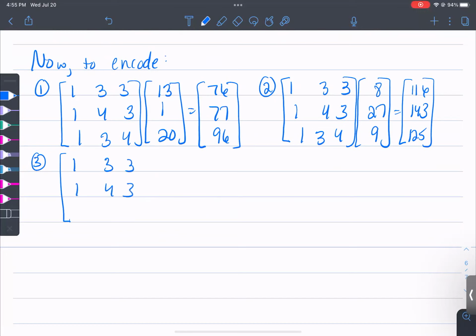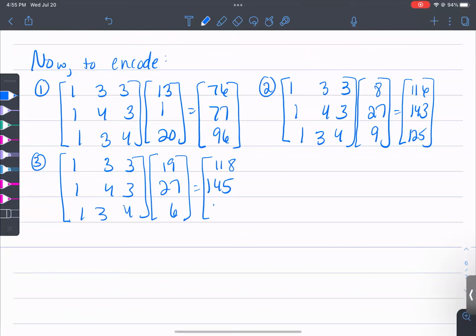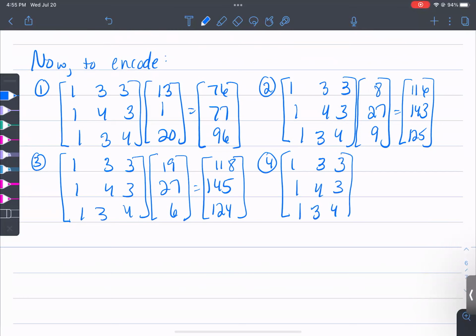Third small matrix. 19, 27, and 6 multiplied by my key is 118, 145, and 124. And then the last one, the original coded matrix was 21, 14, 27 multiplied by the key: 144, 158, and 171.